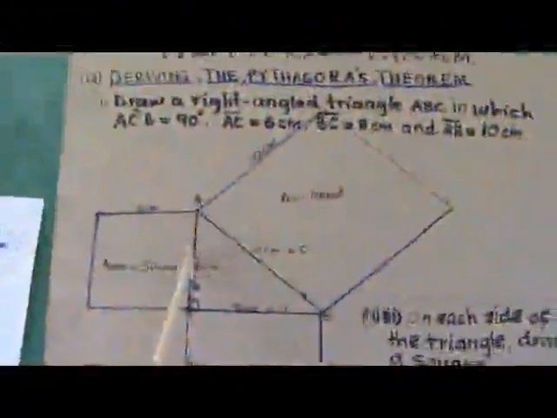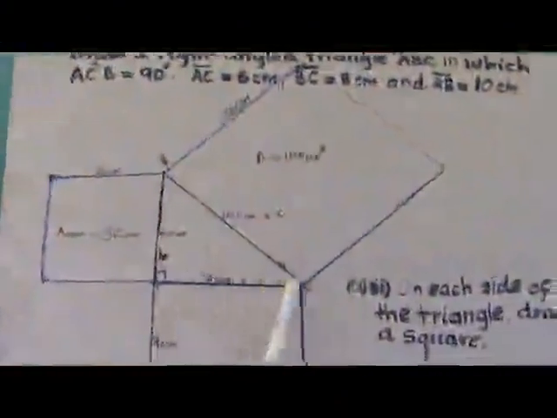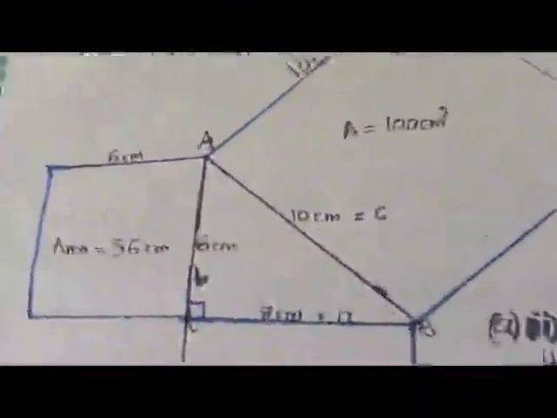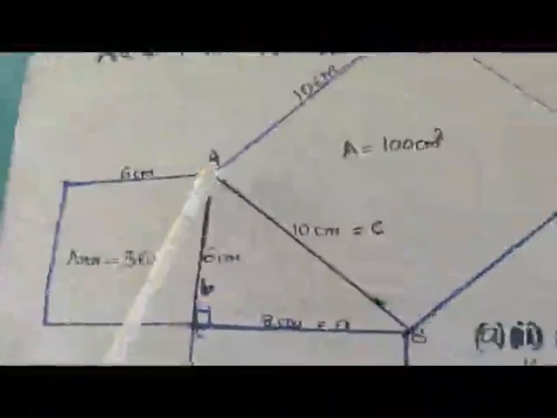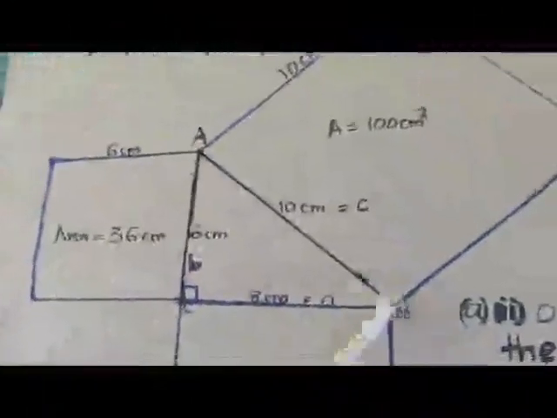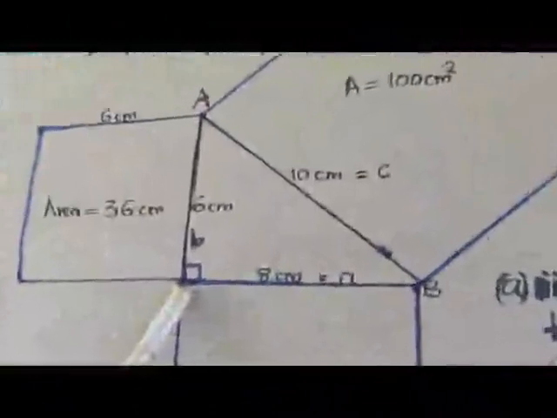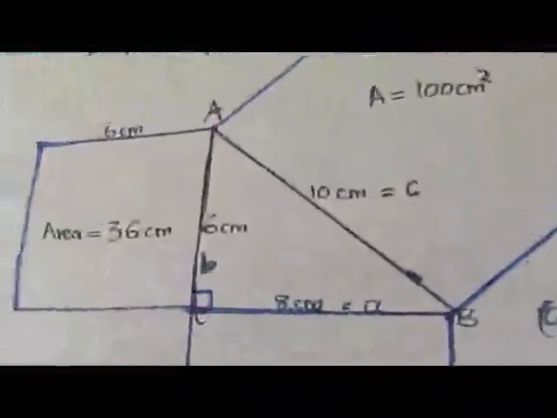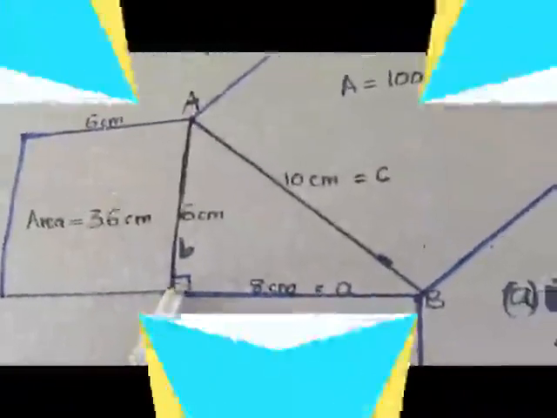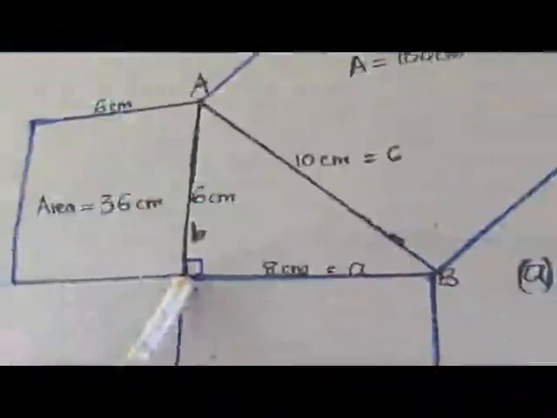The triangle which you have drawn is this one here. This is a right-angled triangle. It is labeled as triangle ABC, in which this angle here is 90 degrees.